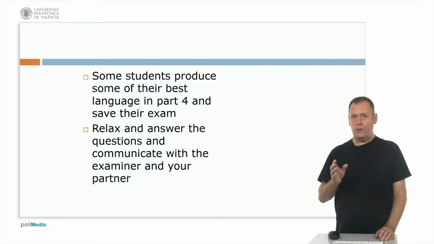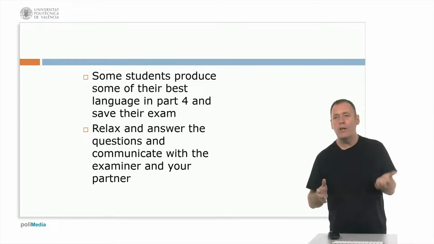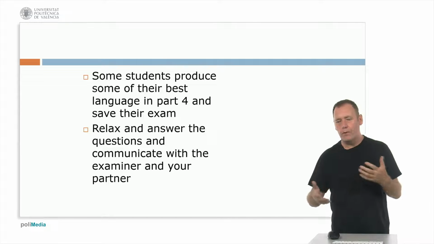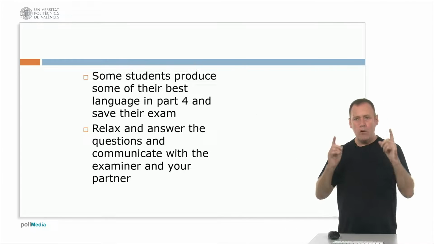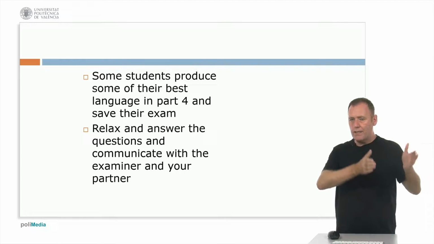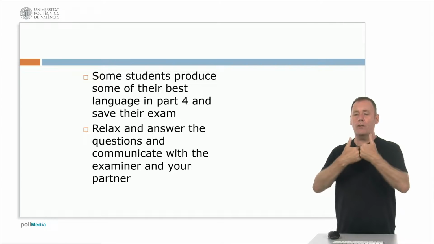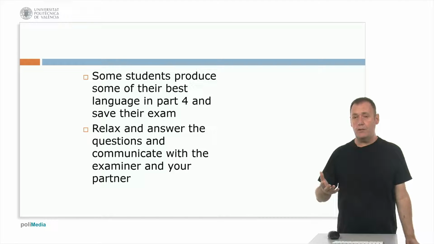Some students produce some of their best language in part 4, and what we call saving the exam. Now, imagine you have a problem with part 1 for whatever reason. Remember, in the Tactless B2 speaking, it's not about passing and failing each part. It's about giving the overall impression throughout the exam that you have a B2 level.